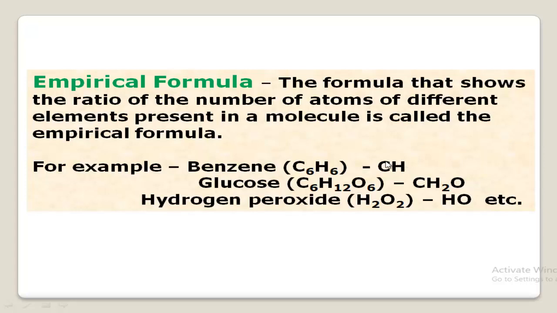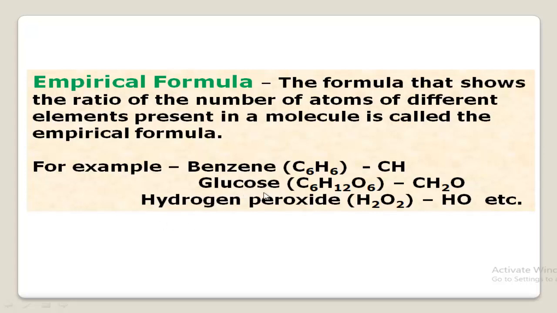CH does not express the exact number of atoms of the molecular formula. It just expresses the ratio of the atoms present in benzene. So CH is the empirical formula of benzene.